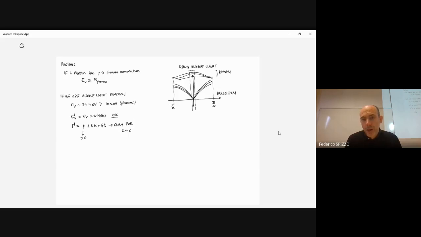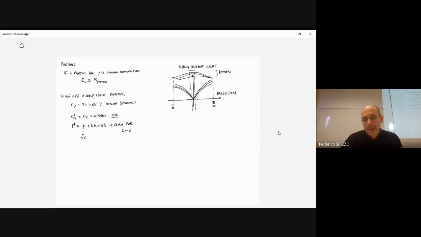So those long wavelength phonons produce a change in the density of the solid. You have an oscillation of the density that is in phase with the propagation of the phonon.